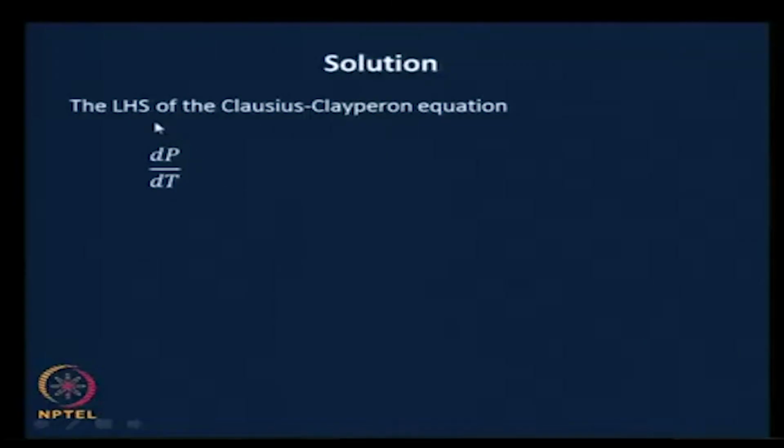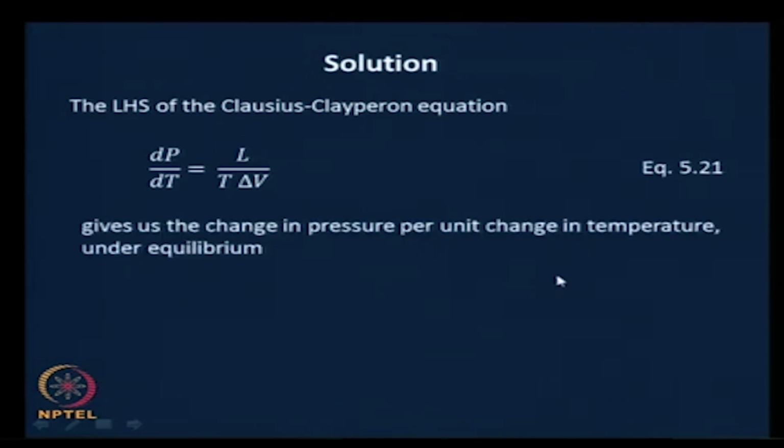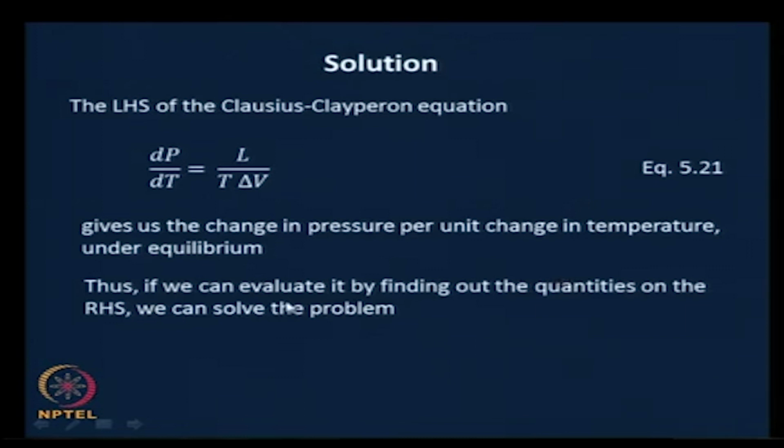In fact, the left hand side of the Clausius Clapeyron equation, dP dT, is what is required to be calculated in this particular problem, and this is of course the right hand side, L by T delta V. If we can find dP dT by evaluating the right hand side, in other words, if we know L, T and delta V, we can substitute the values here and find dP dT.